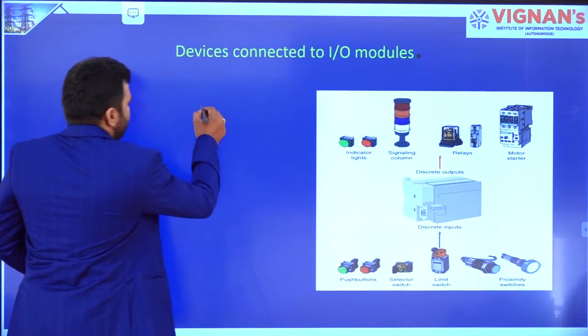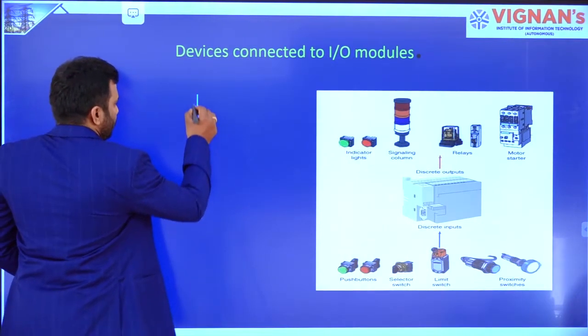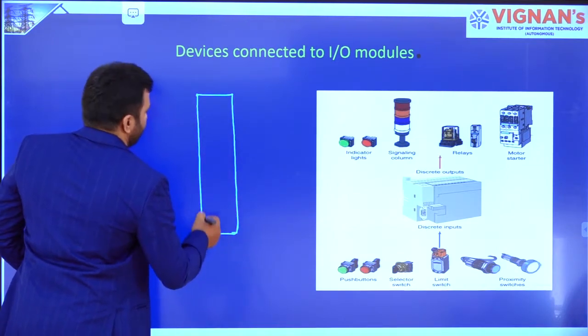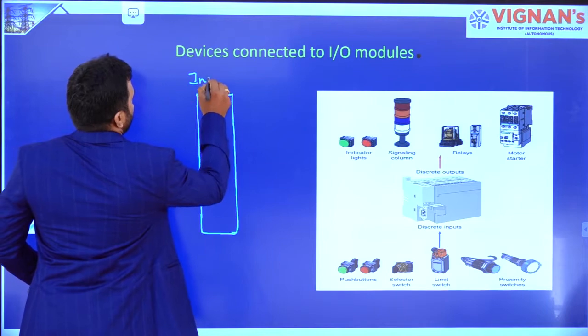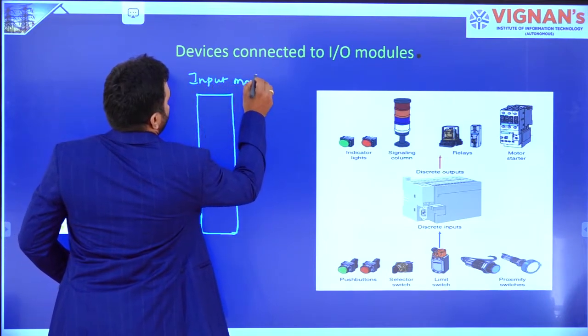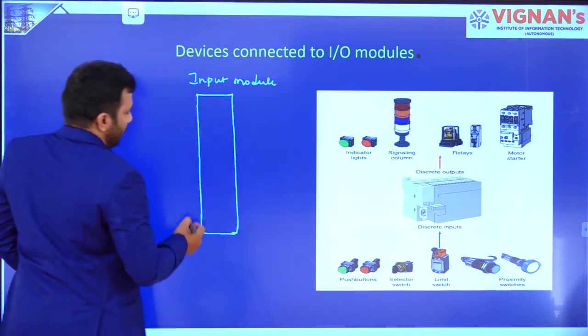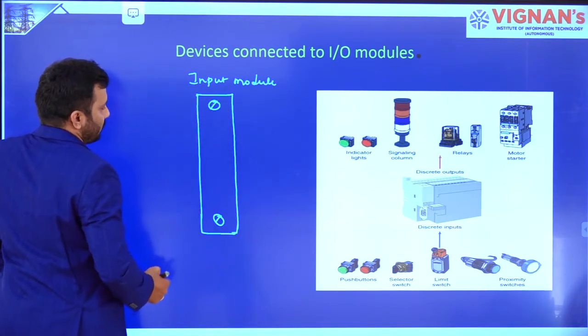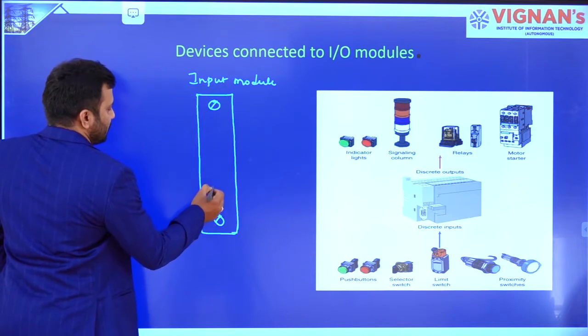So, for example, this is the input module, having 8 terminals. One terminal is the ground, another terminal is the power supply terminal, and this is the first terminal.